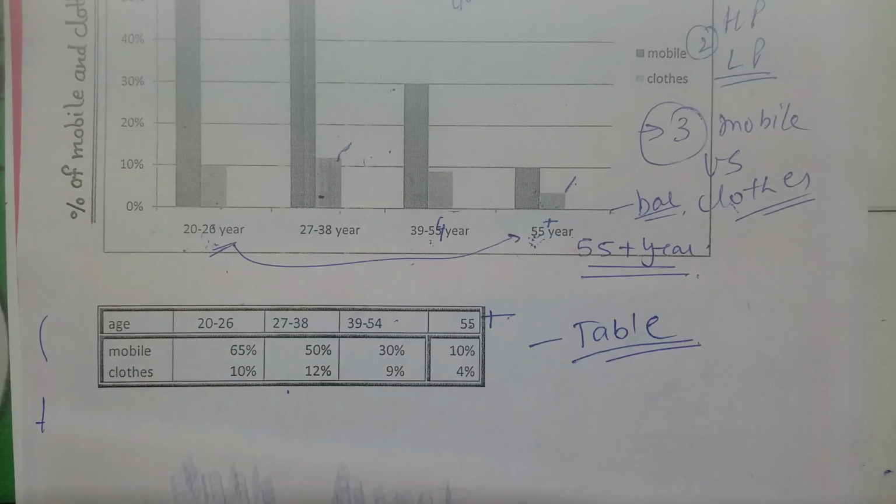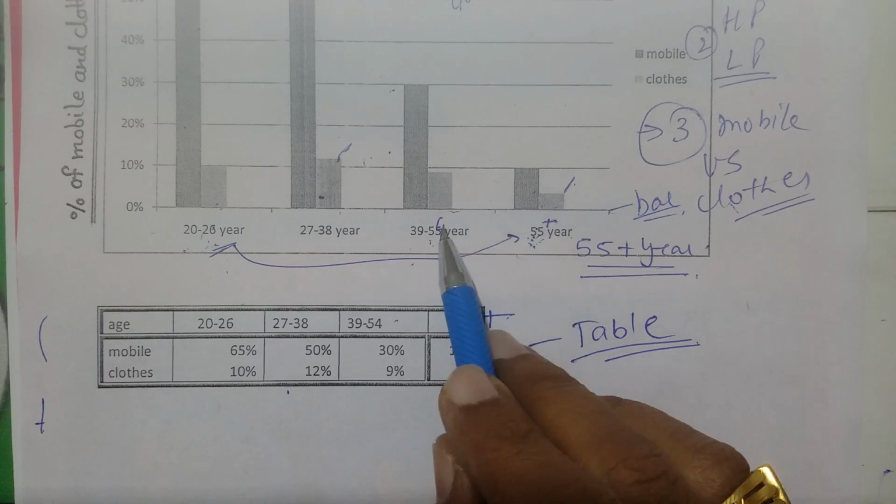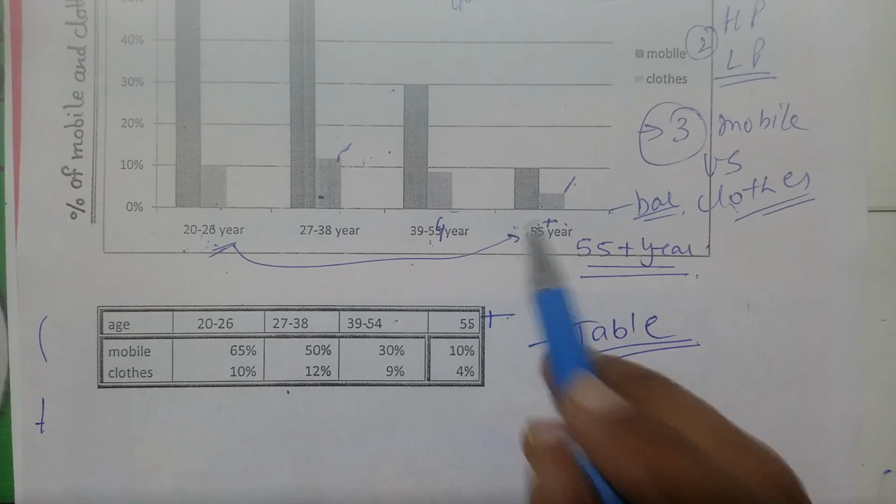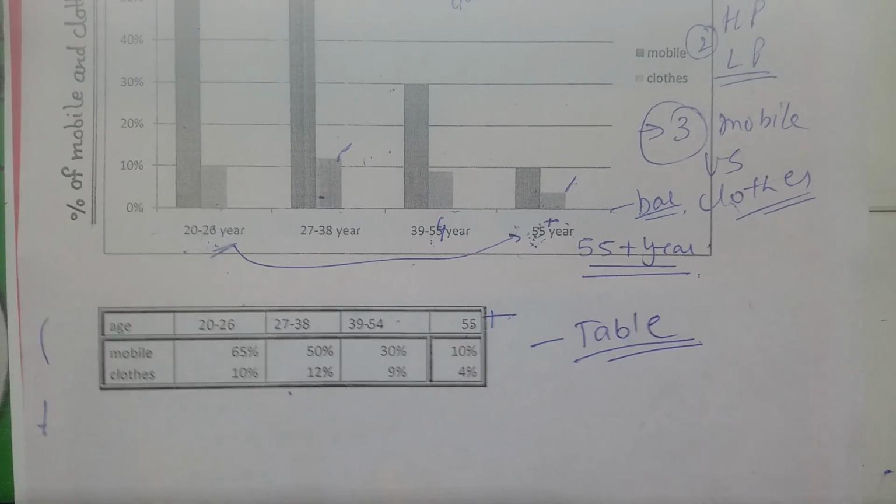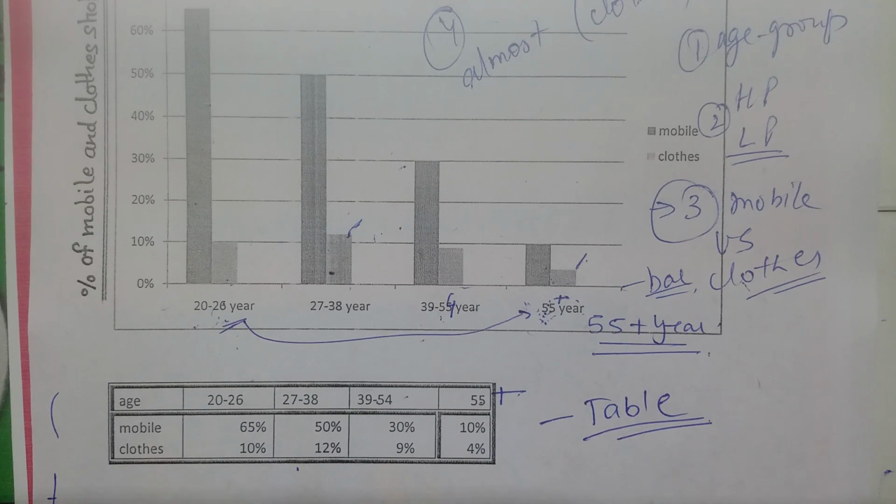Now check that we compare older people with the younger people. So we have to do this here, okay? So older with the younger people, we have to work on this one.